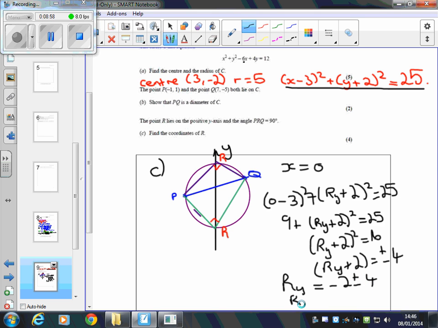So that gives me R y equals minus 6 or R y equals 2. But in the question, we're told that R lies on the positive y-axis. That means the point R must be at (0, 2). So we have to take our positive answer because R y must be greater than 0.